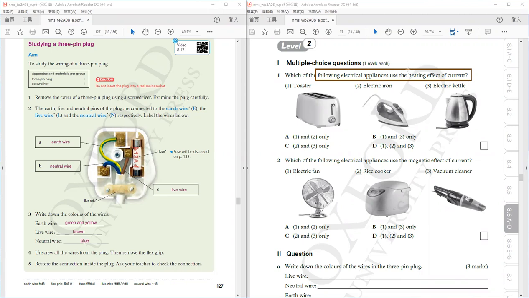You imagine which appliance needs to produce heat. For example, your toaster, yes, it produces heat. Kettle, electric iron, you need heat. Electric kettle also, yes. Okay, so the answer should be 1, 2, and 3.